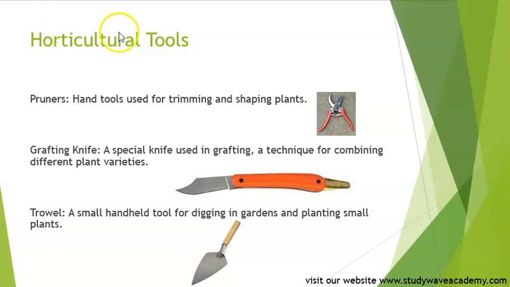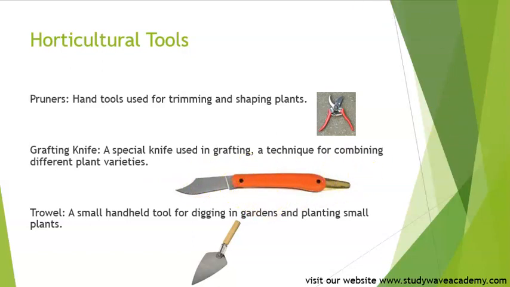We have pruners, tools used for trimming and shaping plants. These are called pruners. Grafting knife, a special knife used in grafting, a technique for combining different plant varieties. So this is called a grafting knife.